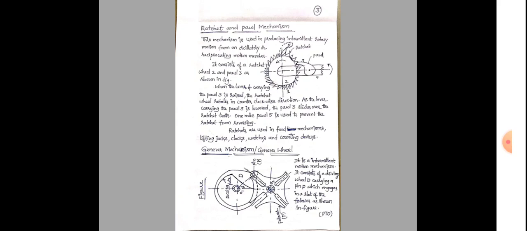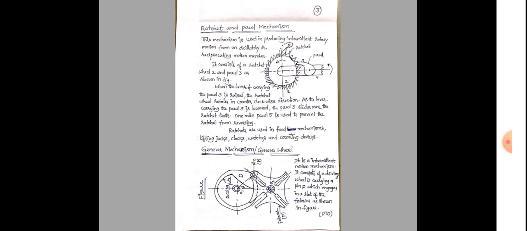So this mechanism is used in preventing overwinding of mainsprings in clocks and watches. So the clocks and the wrist watches which we wear, in order to prevent the overwinding of the mainsprings, this mechanism is used. And similarly, in order to feed the film roll in early motion picture projectors, nowadays it is not there.